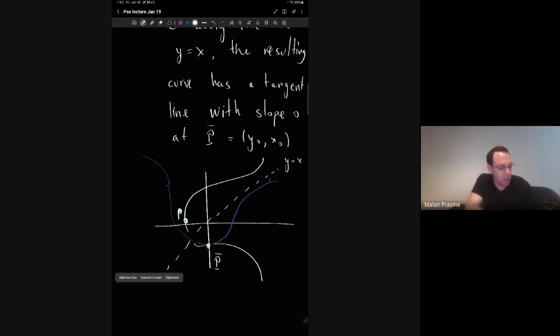If the purple line has derivative 0 at p bar, then I know that the original white curve has a vertical tangent line at the point P. Okay, is this clear? Just the geometric picture.